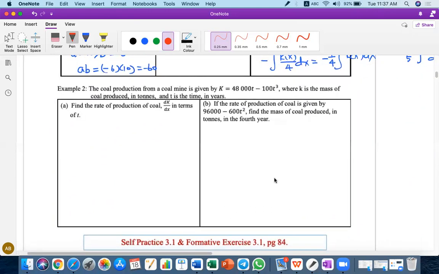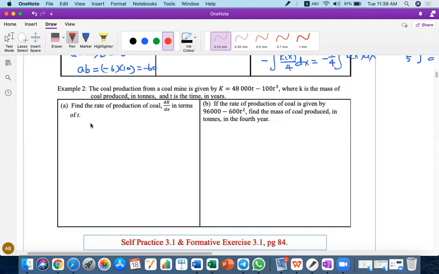Example 2: the coal production from a coal mine is K equals 48,000 t minus 100 t cubed, where K is the mass of coal produced in tons and t is the time in years. Find the rate of production of coal, dK/dt, in terms of t.